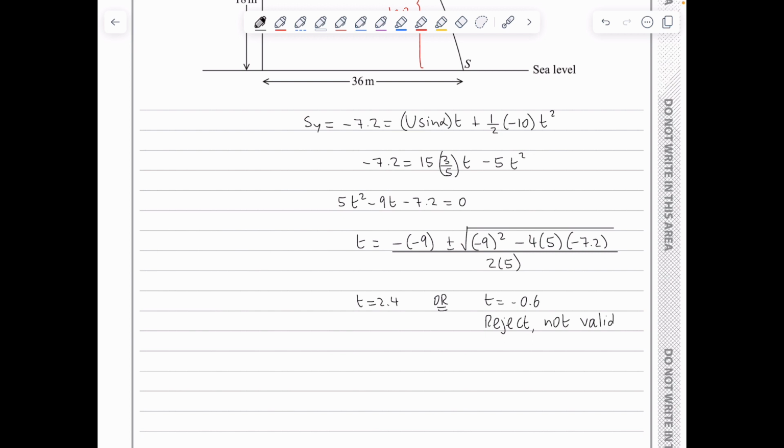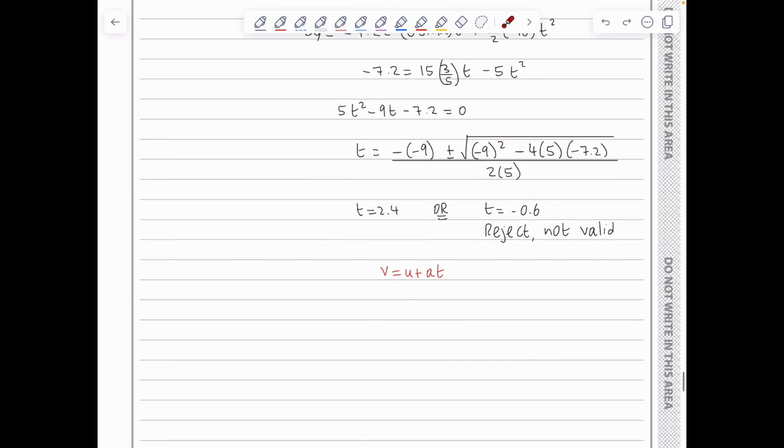So we can now proceed by reminding ourselves that the velocity is u plus at. So in the horizontal direction, the component of the velocity vx is simply u cos alpha, and this is equal to 15 times 4 over 5, which gives an answer of 12, whereas in the vertical direction, vy is going to be u sine alpha plus the acceleration of negative 10 times t.